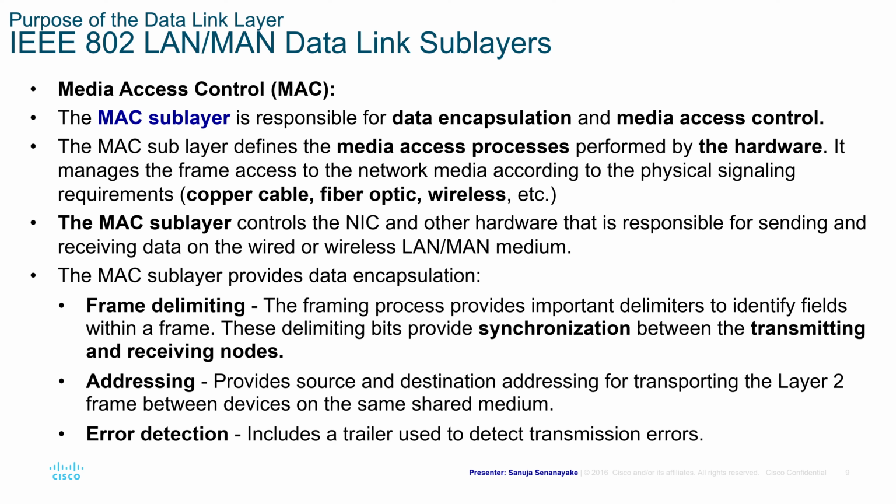Addressing provides source and destination addressing for transporting the layer 2 frame between devices on the same shared medium. In addition to that, the MAC layer is also responsible for error detection, which includes a trailer used to detect transmission errors.